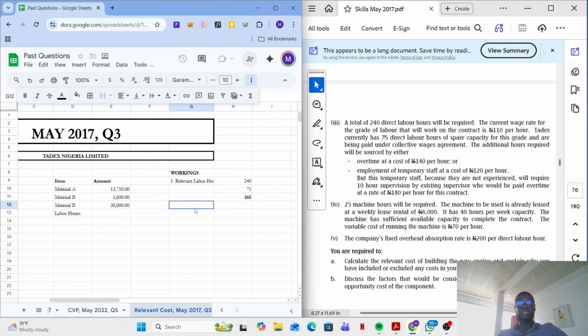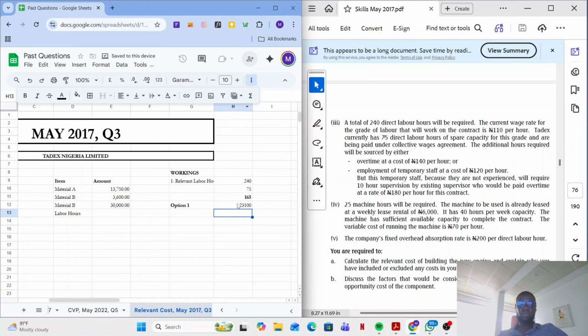So option one is to do this at an overtime at 140. That means they'll be doing this total number of hours at overtime, and the value will be 140 naira per hour. That's the cost of option one.